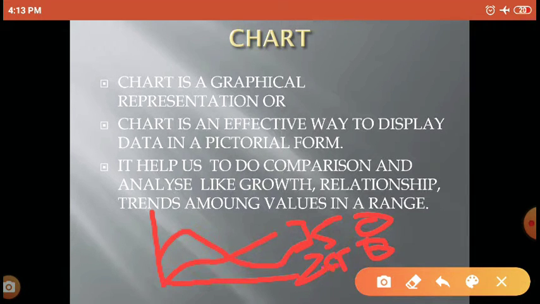Now you can compare between both teams, which overs they were good in batting and which overs they were bad. So like this you can compare growth, relation between two teams, trend, and among values in a range.